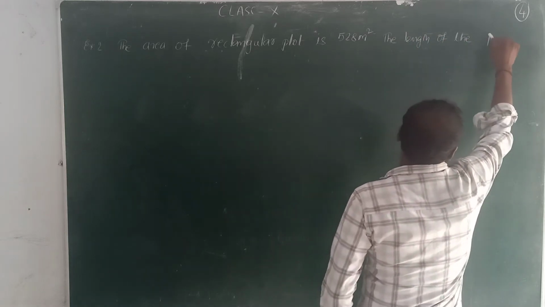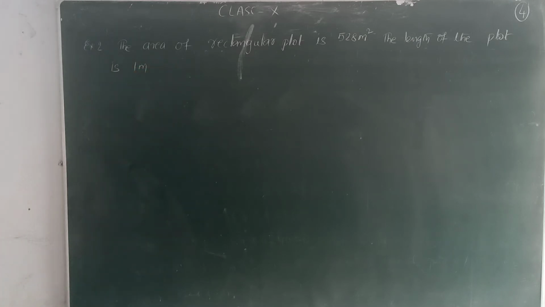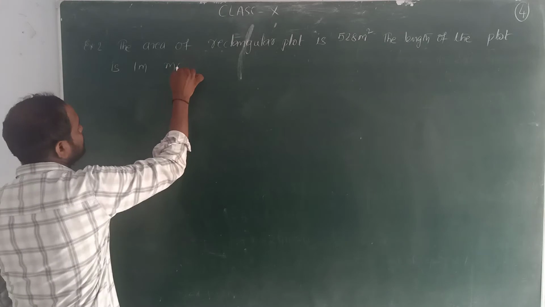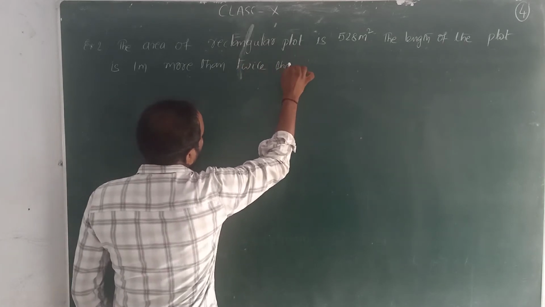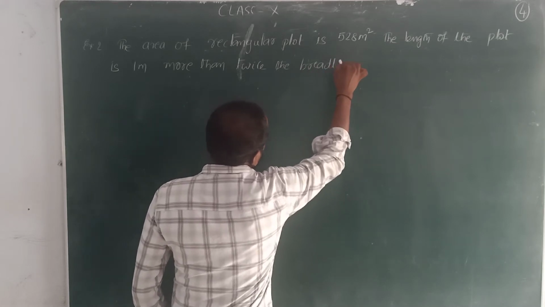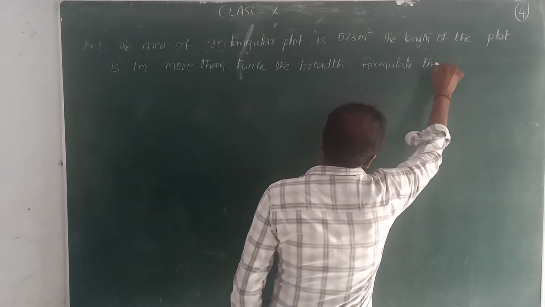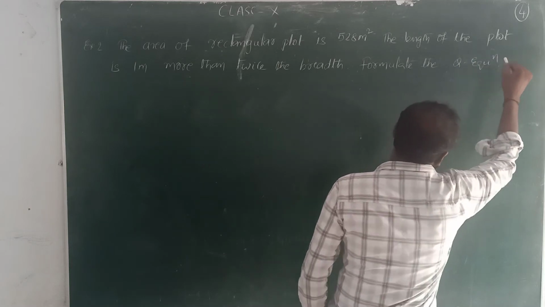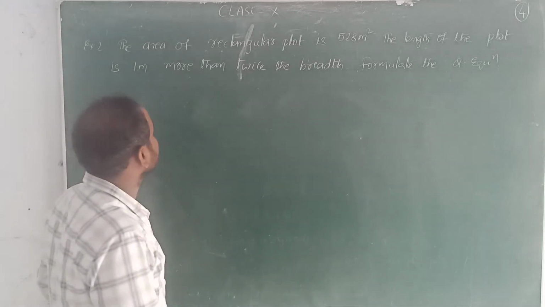So the length of the plot is 1 meter more than twice the breadth. Formulate the quadratic equation.